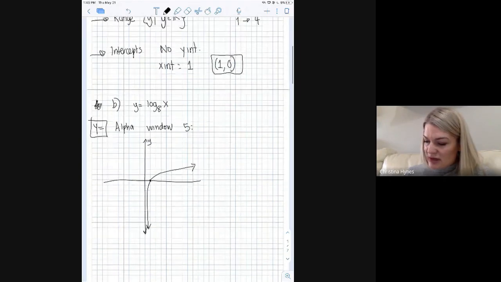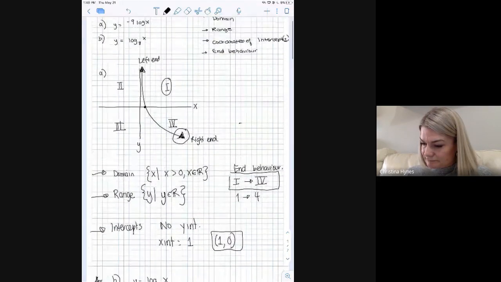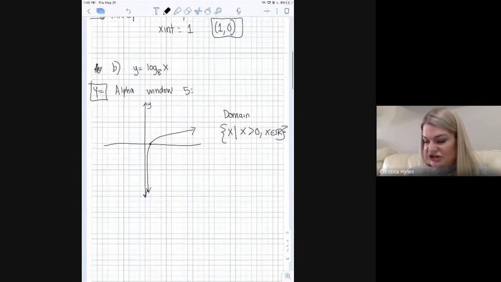Now, once you have it sketched, let's do our domain. Domain, same as before, you're going to say x such that x is greater than 0, x an element of the real numbers. Okay, so that is not changing.